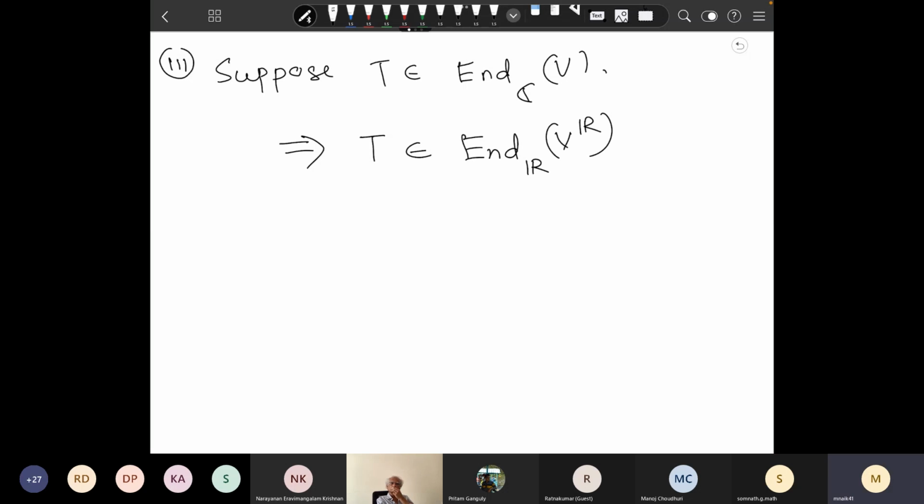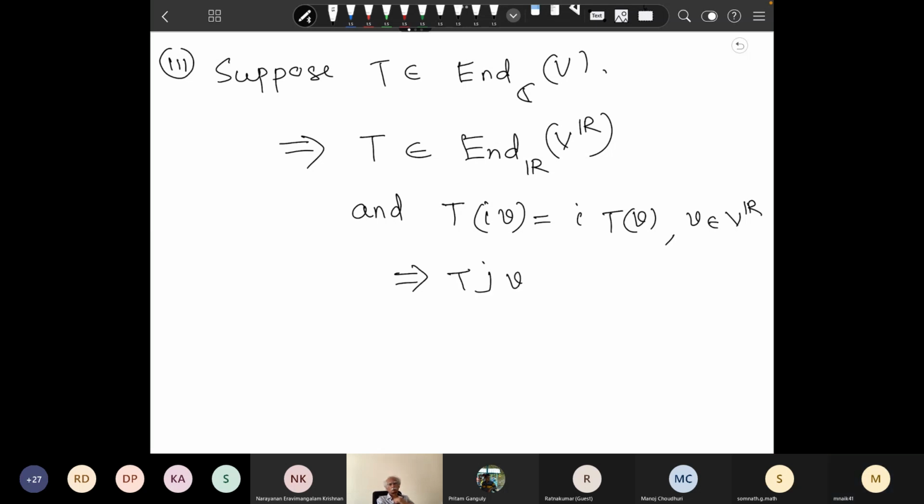Now since T is complex linear, it will respect the scalar multiplication with respect to i. Now iv is nothing but Jv, so I write T of Jv equals J of T v. This is nothing but TJ is equal to JT.